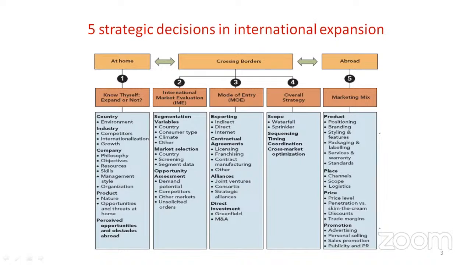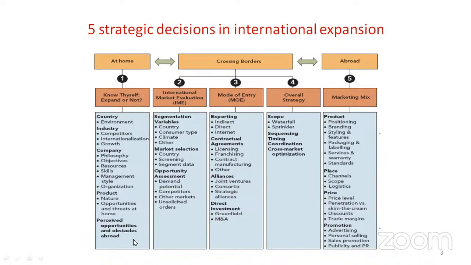The sprinkler means what are the required sources. Overall strategy is what sources are required and how these sources flow into the business: the rich sources, the medium sources, and the sources which are limited or scarce, and how these are to be handled.